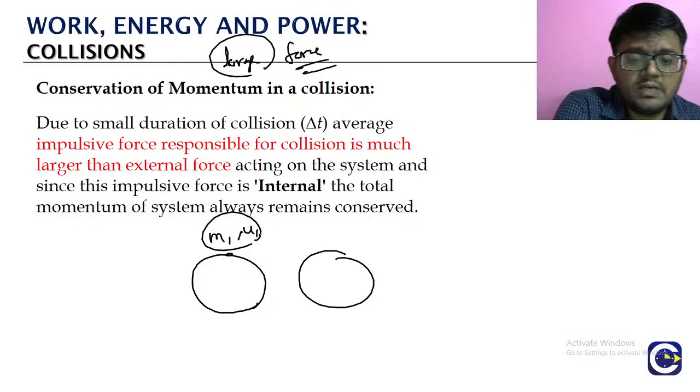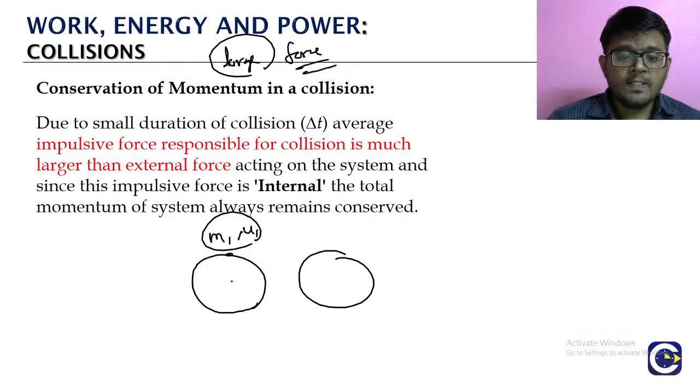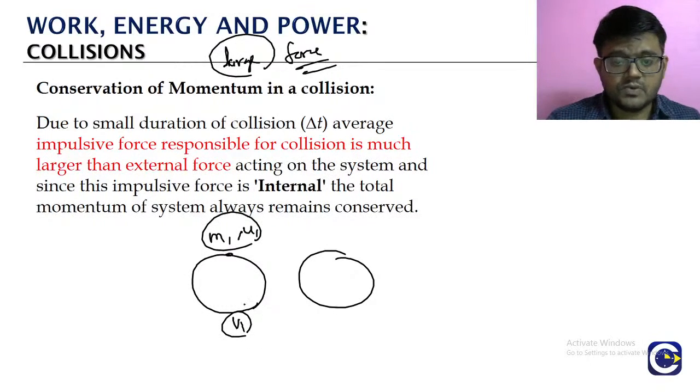After the collision is over, let us say the velocity of this is v1. So there will be a change in the momentum, right? This object will have a change in the momentum.